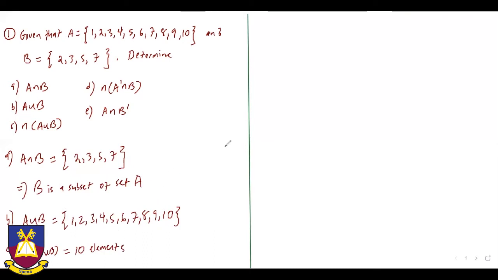Then let's look at part D. Number of A complement intersection B. We know that complement means not a member of.